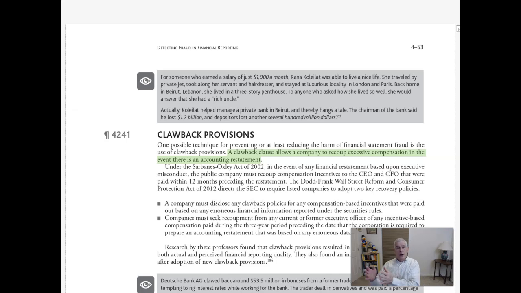Well, if later on that net income or whatever the base is found out to not be accurate and the statement has to be restated, this clawback provision says, okay, upper level management, you were paid based on those results in previous years. Those results were not accurate. Pay us back. Pay us that compensation back that was based on those incorrect numbers, to put it nicely.